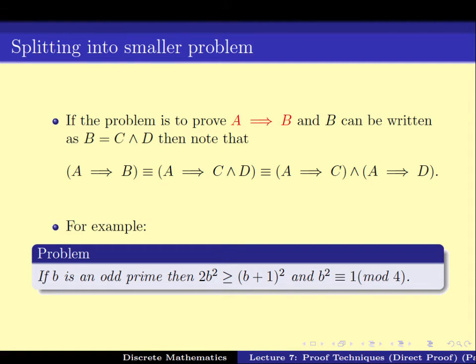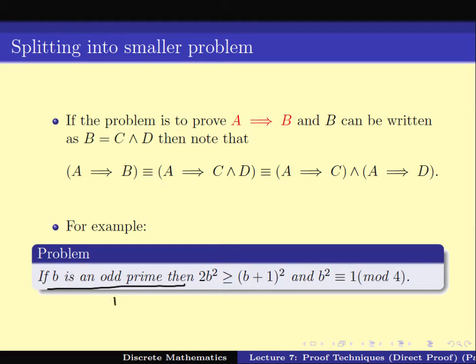So for example, we were looking at this problem which says that if b is an odd prime, then 2b square is greater than or equal to (b plus 1) whole square, and b square is congruent to 1 mod 4. In this problem, b is an odd prime.